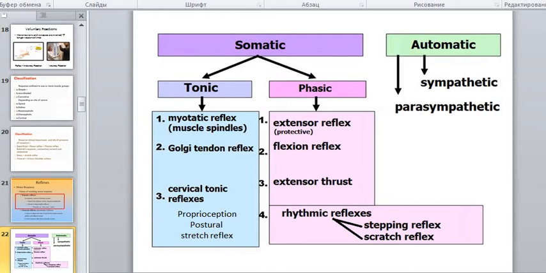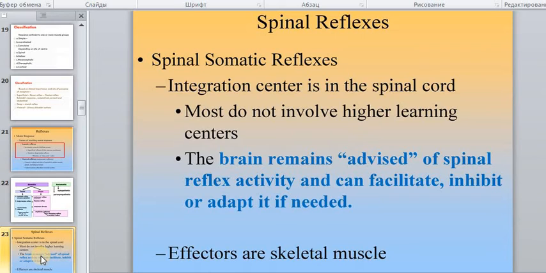Extensor reflex, rhythmic reflex, tipping reflex, for example the scratch reflex too, and most of these reflexes have no connection with the higher centers of the nervous system, with the cortex, just the effector, a muscle.